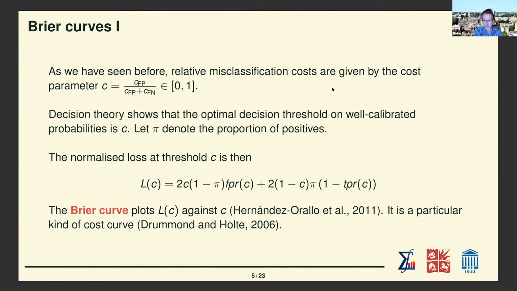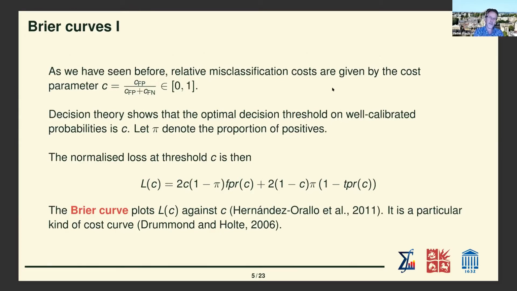If you multiply these with 1 minus pi and pi, then you are taking the class distribution into account, and then we use the costs. So we weigh one part of the formula with C and the other part with 1 minus C. And the factor 2 is there to make sure that even if you have C equals 1/2, which means equal misclassification costs, then you're essentially getting error rate back.